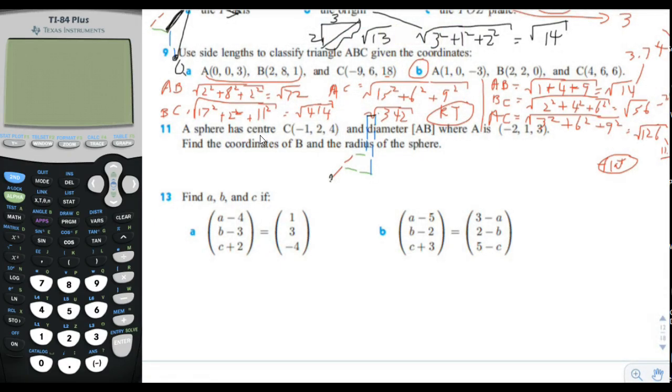Okay, so basically there's a point C, which is the center, and then there is a point A on the sphere, and they want you to figure out where point B is.